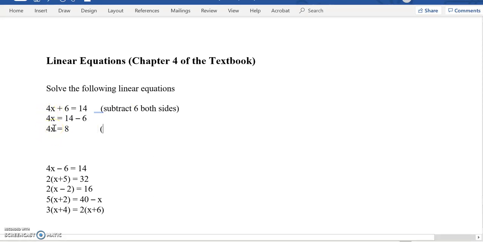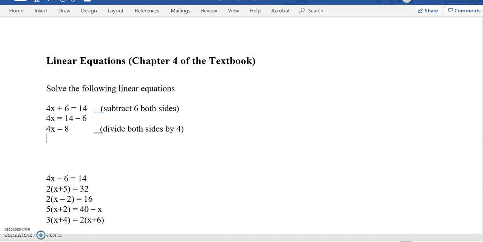The opposite of 4 times x is to divide by 4. So if you divide both sides by 4, 4x divided by 4 leaves us with x, and 8 divided by 4 is 2. So x equals 2.